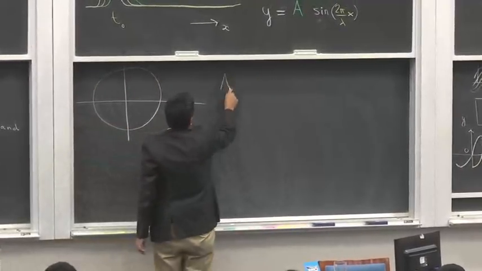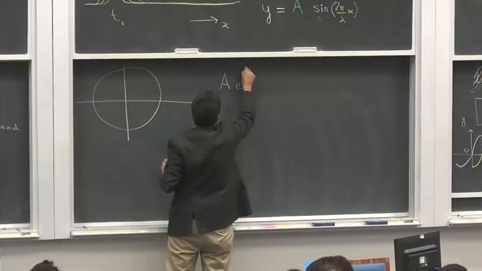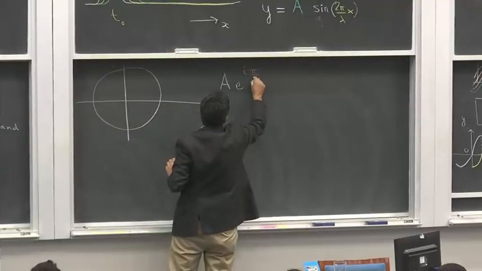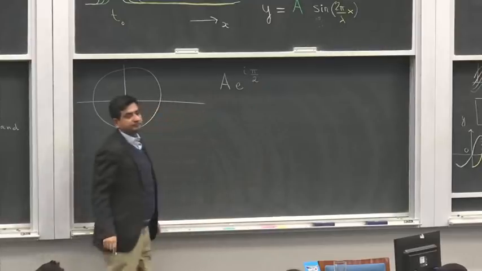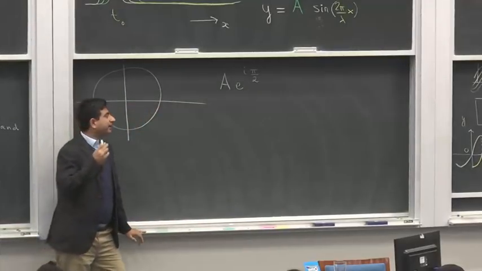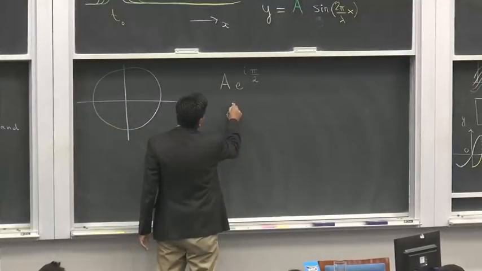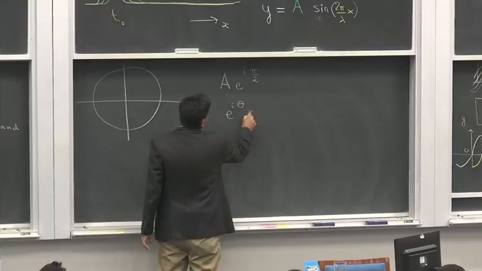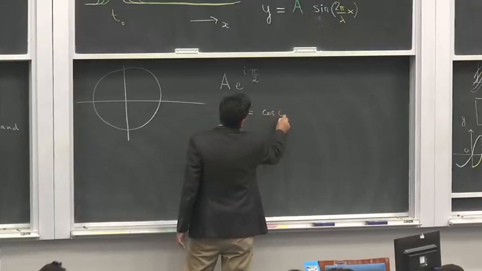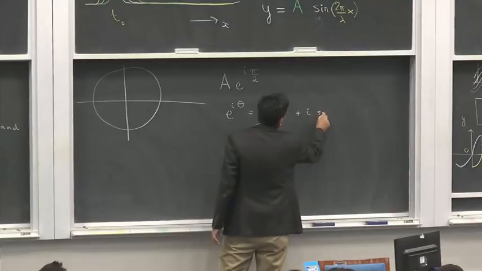Now I have A, phi is pi by 2, so my number is A e^(iπ/2). Now what is the exponent? Remember, this is something that you need to remember. e raised to power i theta is cosine of theta plus iota sine of theta.